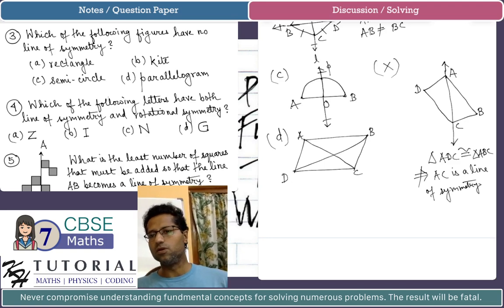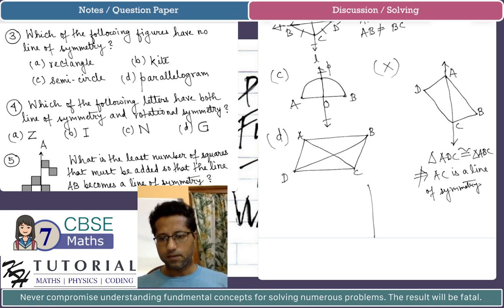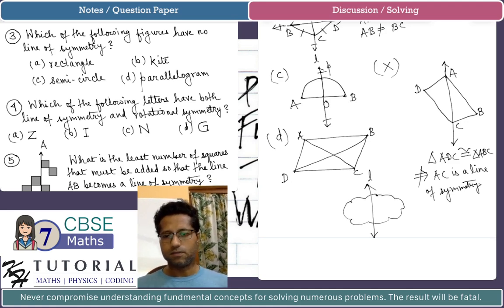Because if you fold the triangle ABC on the right-hand side about the diagonal AC, it will not exactly coincide with the triangle ADC on the left-hand side. That is the reason they are not identical. Any figure, if this is a line of symmetry, let's say for some random figure.